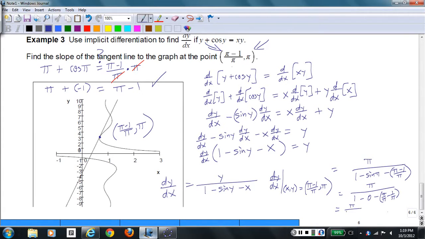Pi over 1 minus 1 plus 1 over pi. If we cancel the 1 and the minus 1, it's pi over 1/pi. It's pi times pi over 1, pi squared. Yeah, this is pi squared. So the slope of the tangent line, m sub tan, equals pi squared.